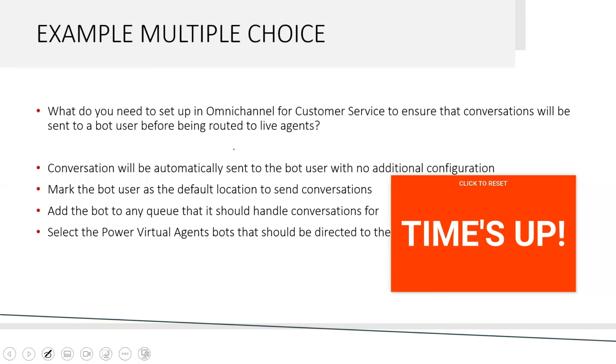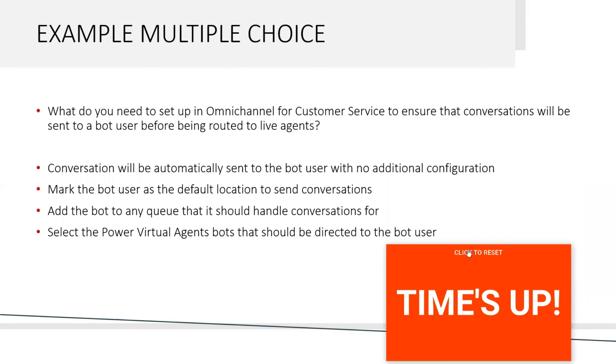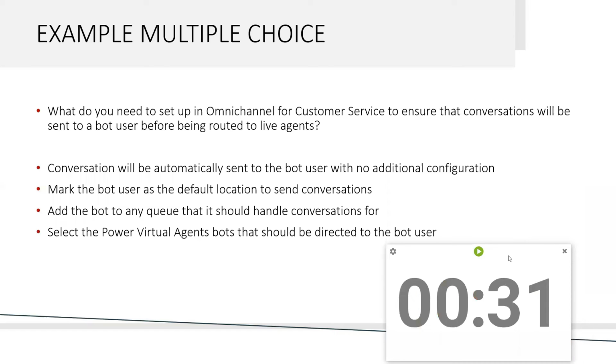The next question is asking what do you need to set up in omnichannel for customer service to ensure that the conversations will be sent to a bot user before being routed to the live agents. Is it option A, conversation will be automatically sent to the bot user with no additional configuration?